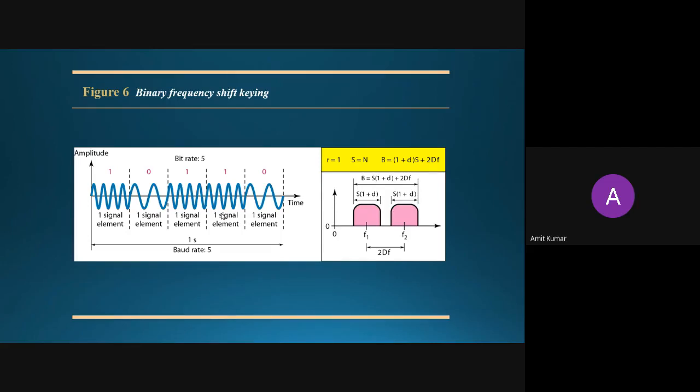And S is the signal rate, which you can calculate using baud rate and bit rate.